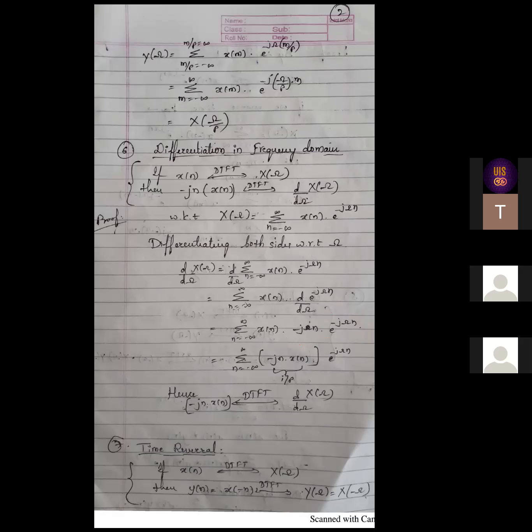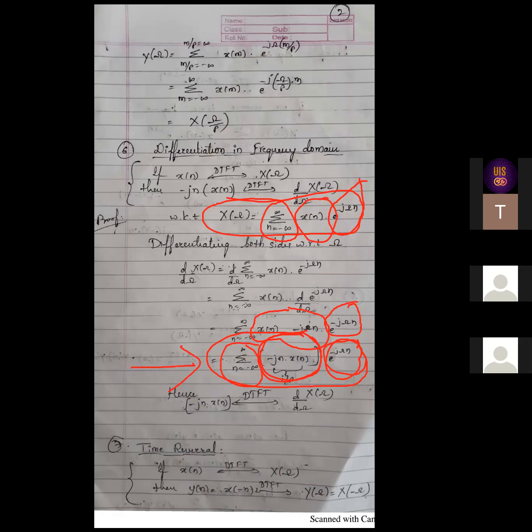Now, in the next step, what I will do, exponential, I will keep it as it is, because if you observe your general equation for Fourier, that exponential term is there. Okay. Now, summation is also there. Now, the input we have to decide. For that, I will club your minus jn and x of n together, and that itself will be your input. So compare this equation, your standard Fourier transform equation, and the equation which we have got just now.